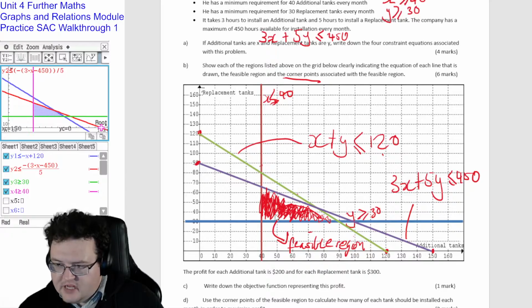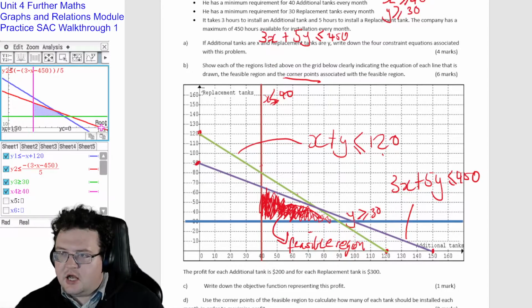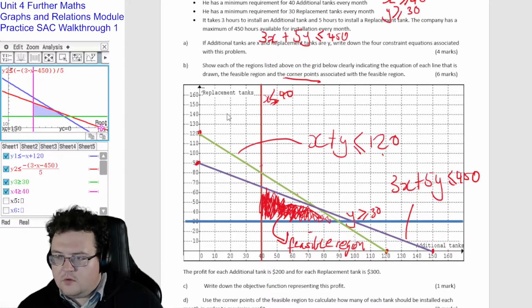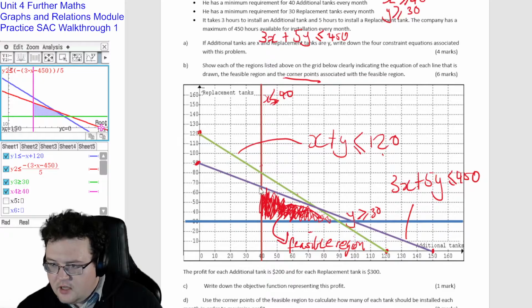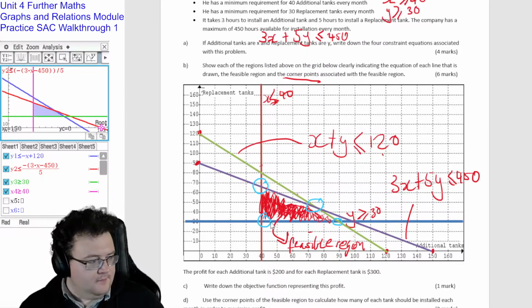So our feasible region, I'm going to change color pens for this just to make it a little bit easier. We'll go with the brighter blue for this. So the corner points associated with the feasible region are this one here, wherever these two lines intersect here, this one down here, and that one there.